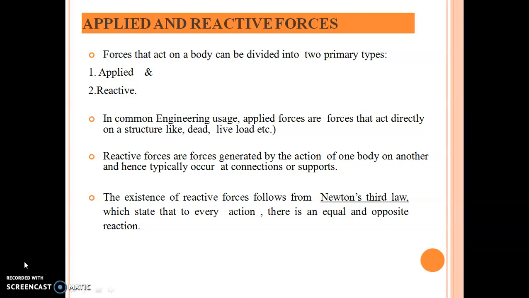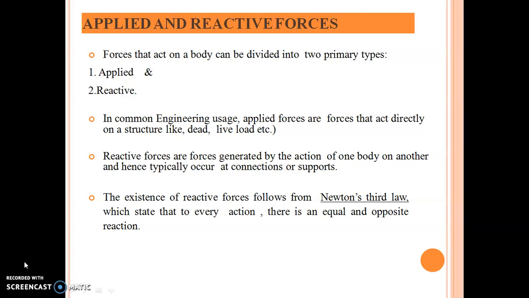And what is a reactive force? Reactive forces are those forces generated by the action of one body on another body, and hence typically occur at connections or supports. We can identify reactive force due to the application of force by one body on another body, or the weight of one body over another.